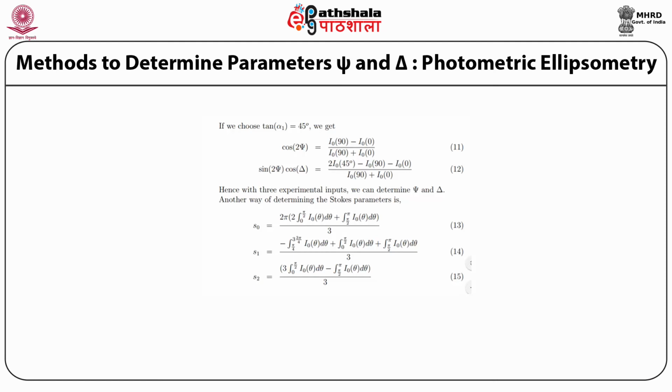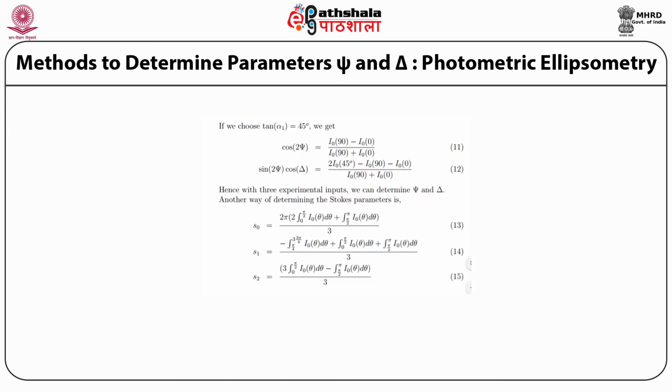Another way of determining the Stokes parameters is: S0 equals 2π times, within the brackets, 2 times the integral from 0 to π/2 of I₀(θ) dθ plus the integral from π/2 to π of I₀(θ) dθ, on the whole divided by 3.